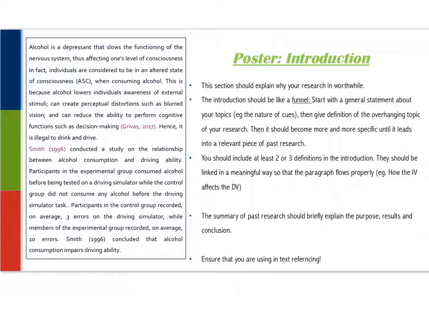Okay, so the first thing that we're going to start looking at is the title and the introduction of the poster. Now, I did not mention in the previous slide that I'll also be sending you this PowerPoint as well. So the title is just really going to be the effect of the IV on the DV.